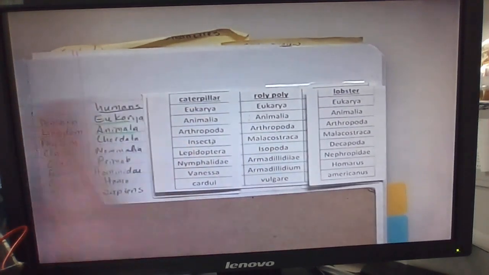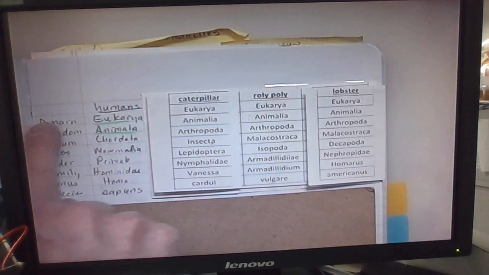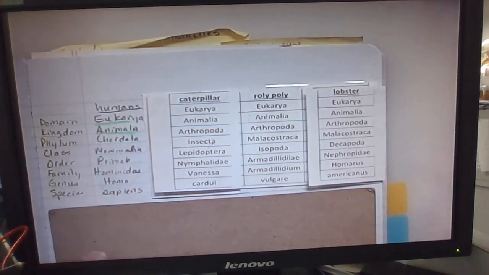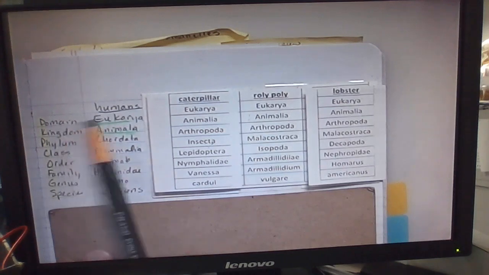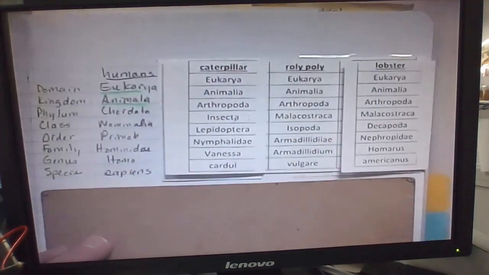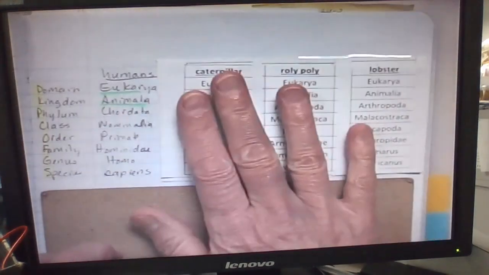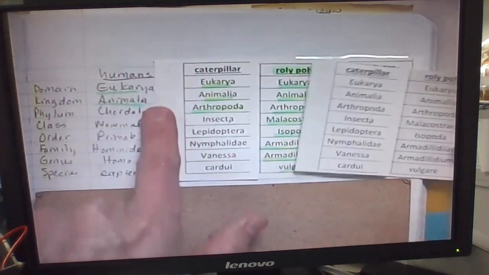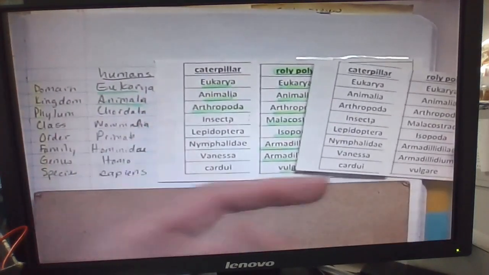Then, all the way on the left-hand side of the margin: domain, kingdom, and I lined it up. So I skipped this spot right here because that's nothing. Eukarya, that's a domain, kingdom, phylum, class, and I'll tell you why I highlighted that in just a second. So I would suggest you lay it out and write this stuff down first and then tape it, because if you tape it, you can't write on tape very well.